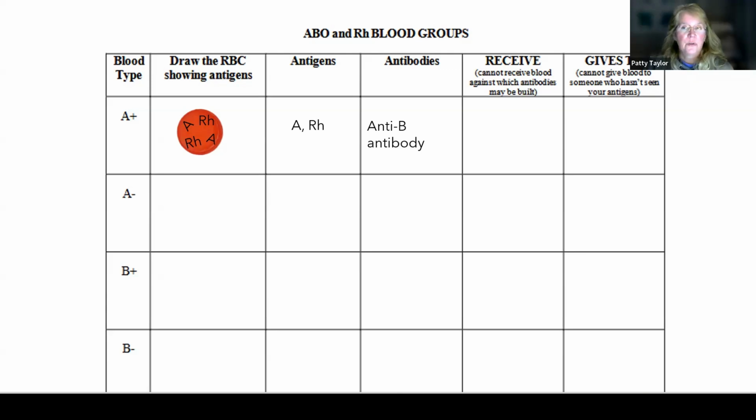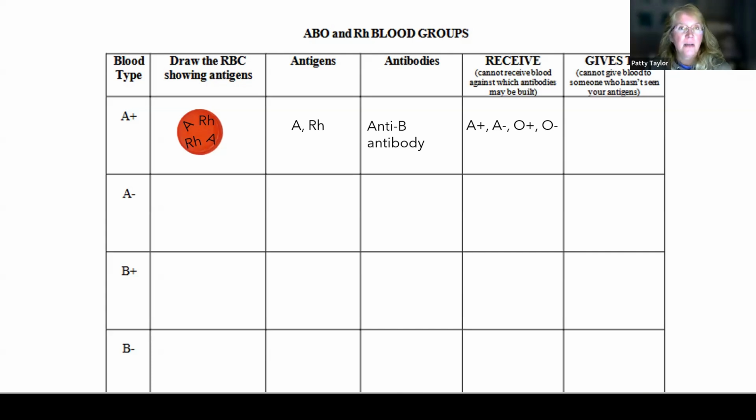So when we talk about receiving blood during a transfusion, A positive is compatible antigen-wise with A positive, A negative, O positive, and O negative. O carries neither antigen A nor antigen B. So the catch is we can't necessarily combine antigens that aren't compatible, that don't mix, because we might create a case of agglutination.